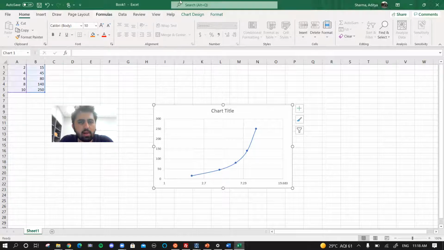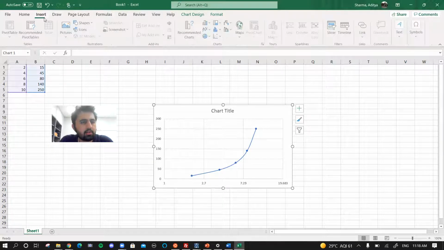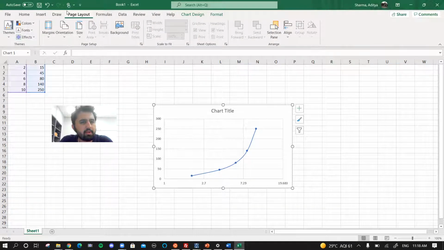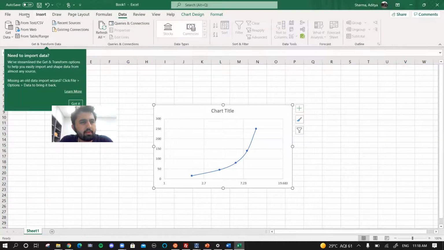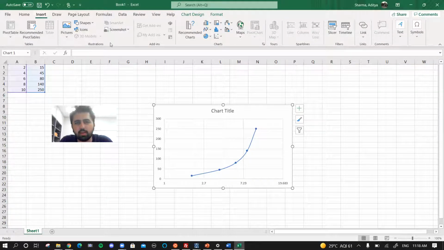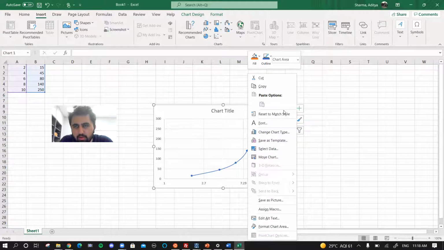I think you go to, what was it, page layout? No. Should be here, I believe. Okay. Hold on. Layout.